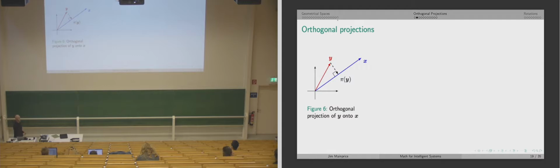Does somebody have an idea what the property of that projection is? What is the property of that point with respect to that line, apart from the orthogonality property of the projection?